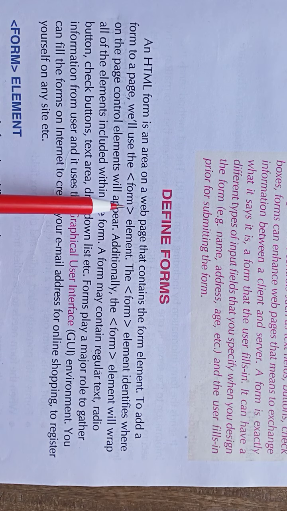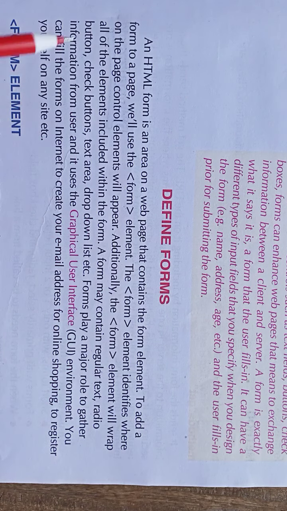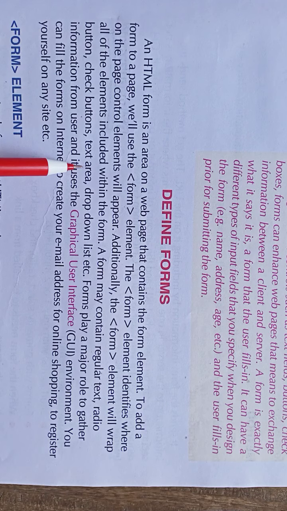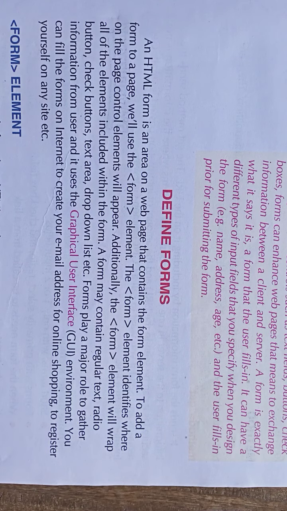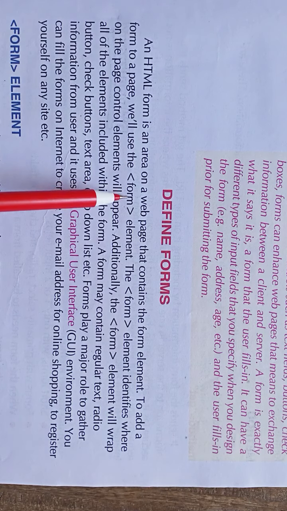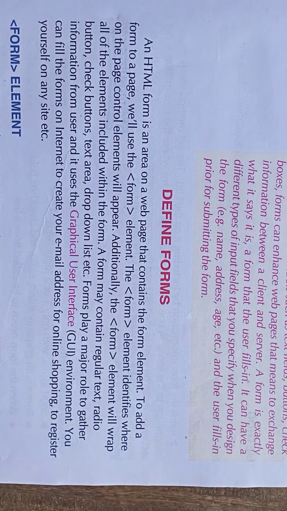Under this element only, we are going to write the other tags for creating the components, like text, radio buttons, checkboxes, text area, drop down list, etc. But the basic thing is that we need to make use of the form element. So the form element will be created first, and the components of the form will be created afterwards.